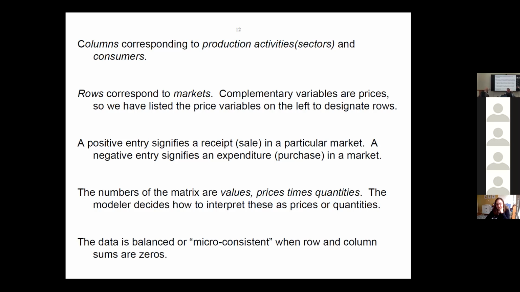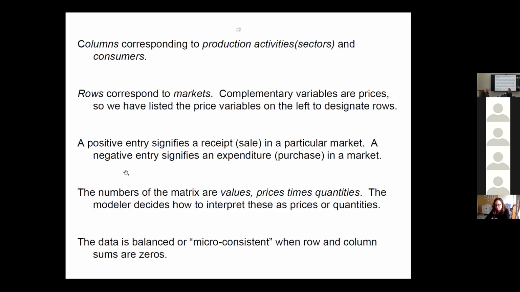Q is 1 and P is 48,000. Or no, I was going to use 52. There's 52 weeks in the year, not 48. Or you could say it's $1,000 a week with a quantity of 52. If you only have expenditures, both of those are perfectly correct. You just have to keep it consistent at different places in the model.